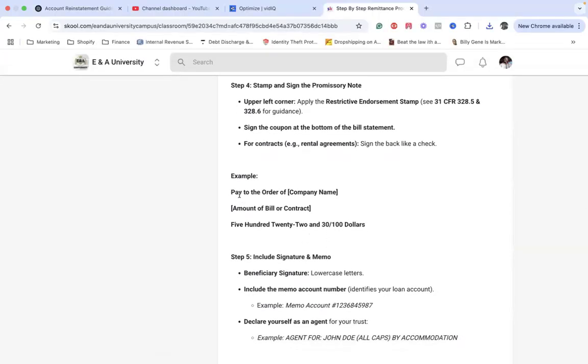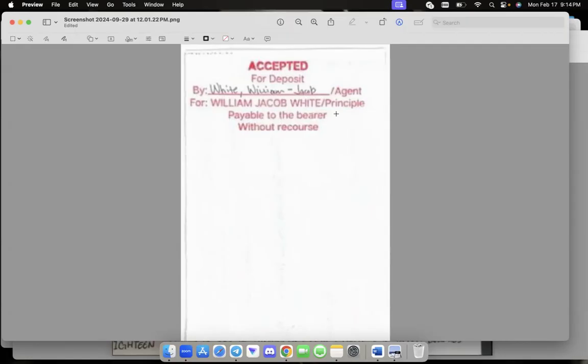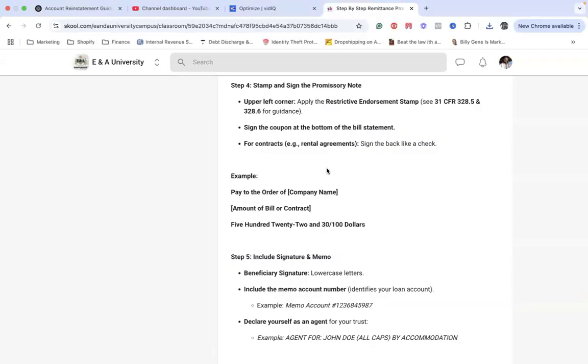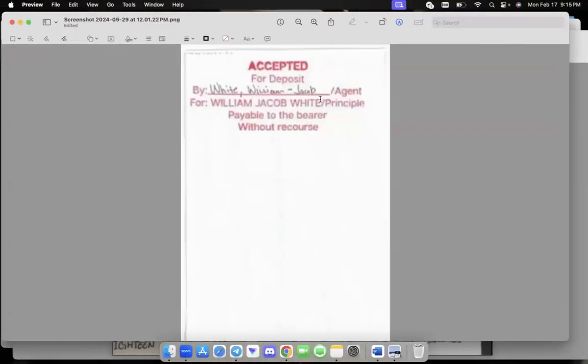You want to make it payable to the order of the company, so it'll be payable to the company and then the amount of the bill or contract. Now this is exactly what you put in the very front, but in the back, you want to be endorsing it just like this.